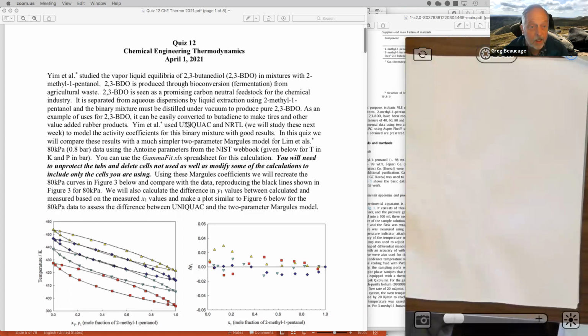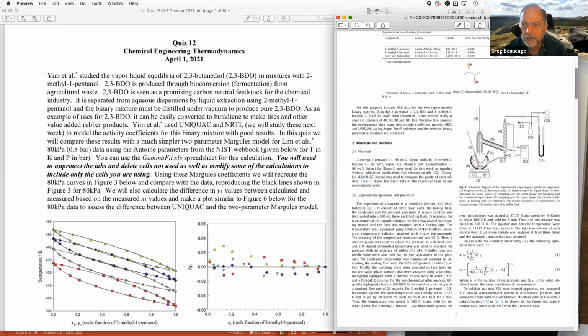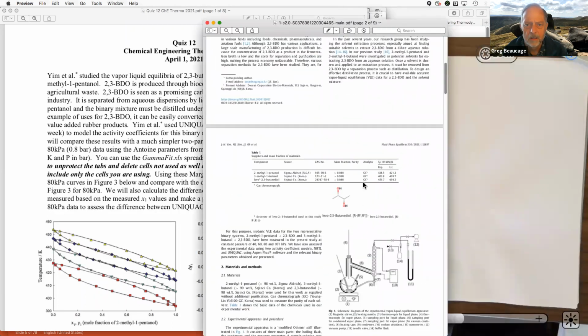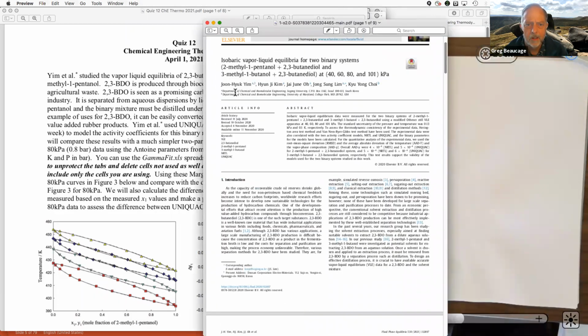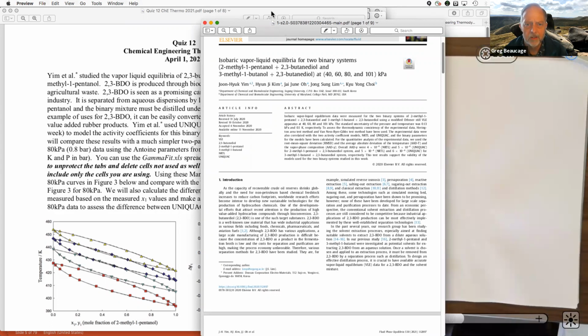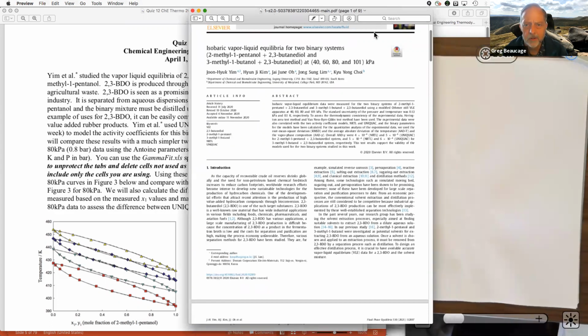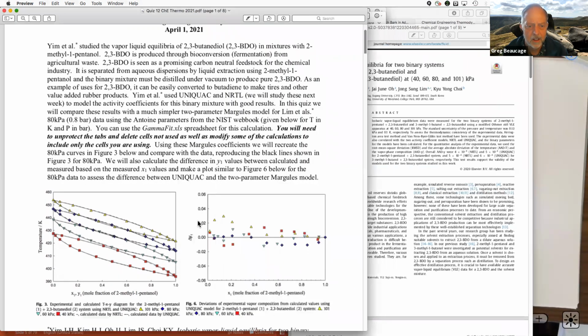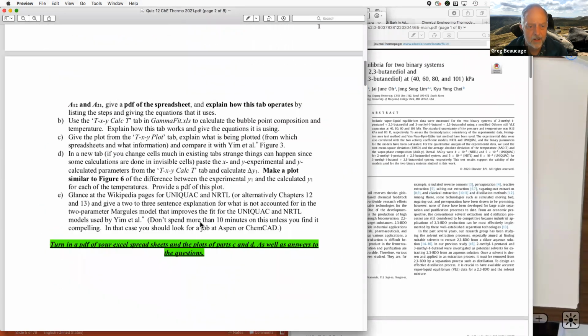So, okay, the quiz had to do with this paper where they are producing this 2,3-butane diol from a bioreactor, from agricultural waste, and then it's in water.